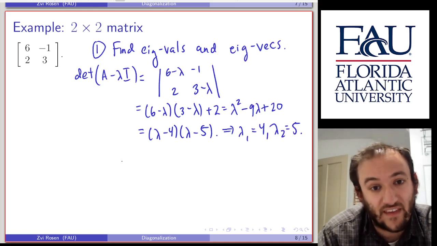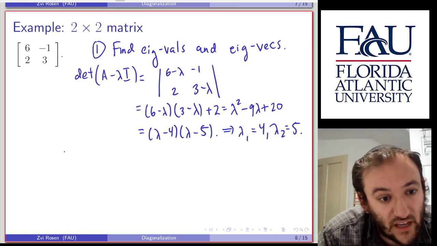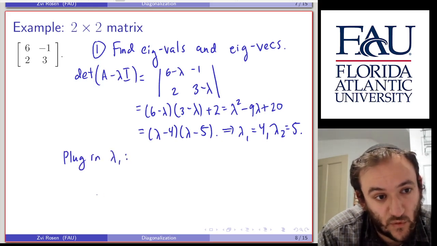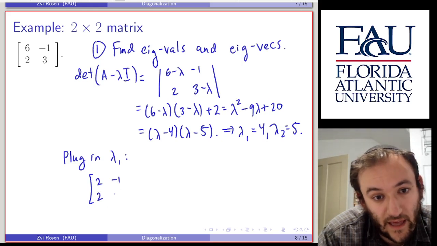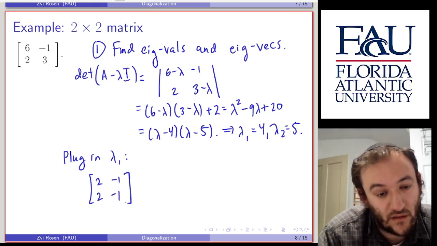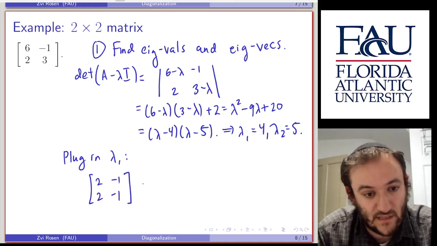Okay, next up, we find the eigenvectors. So plugging in lambda 1, we get 6 minus 4 is 2, minus 1, 2, and minus 1. Okay, so this is the same row.